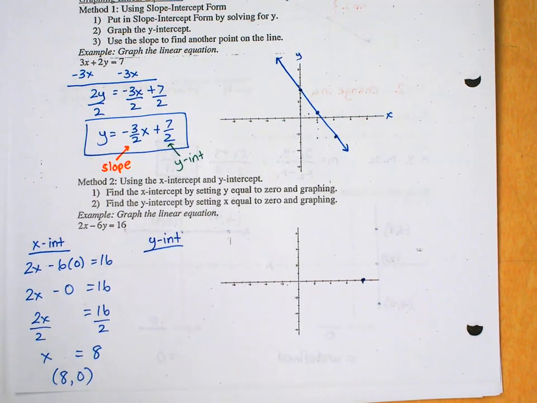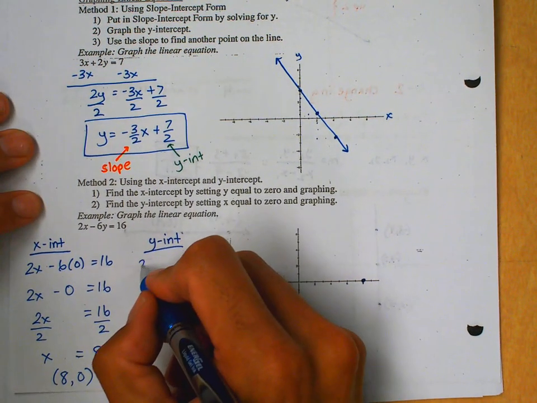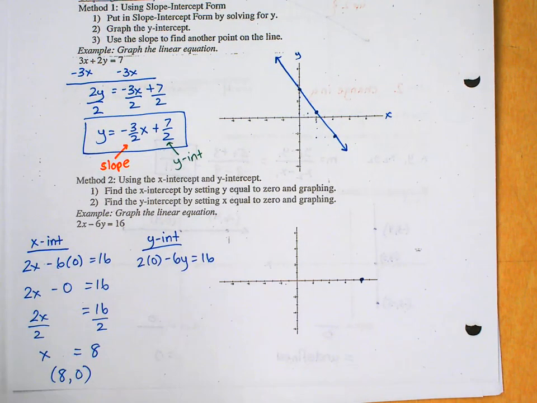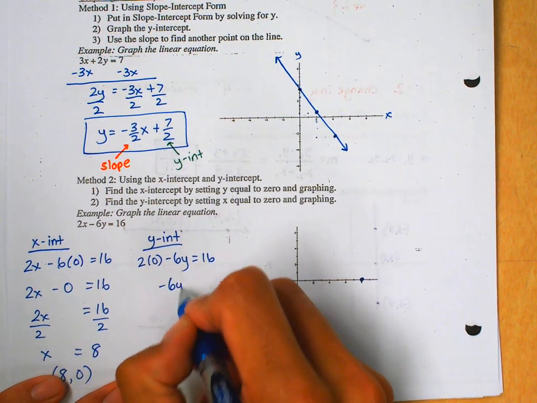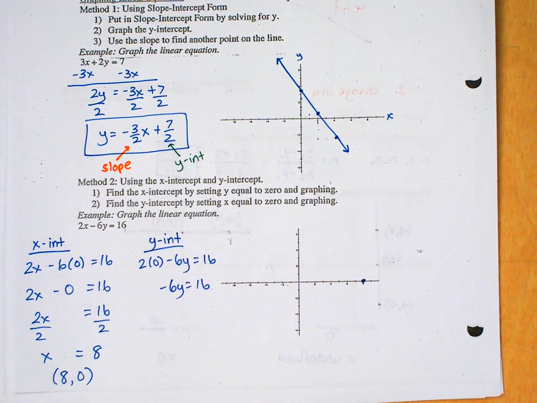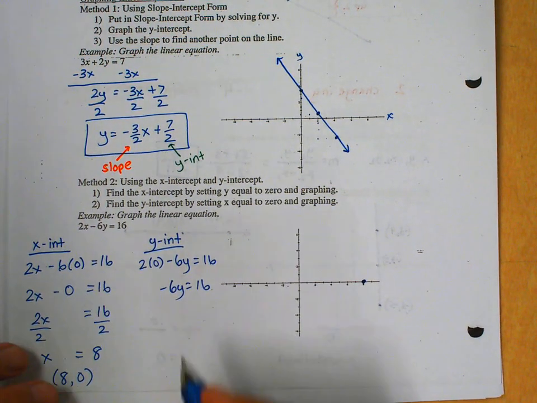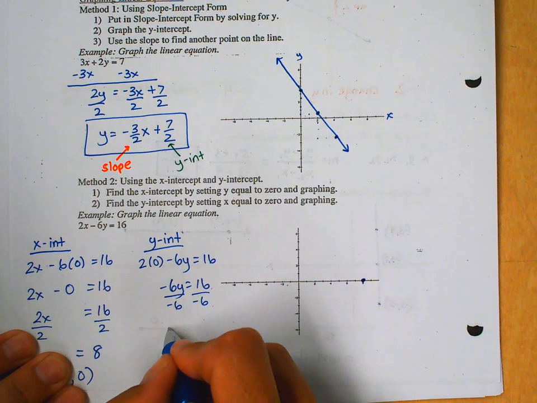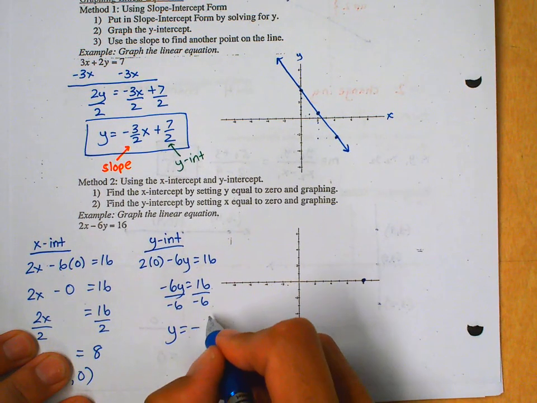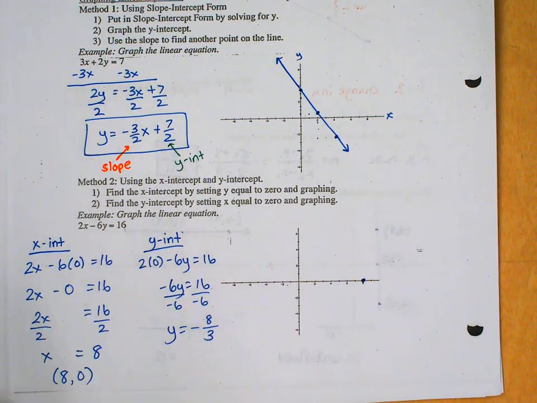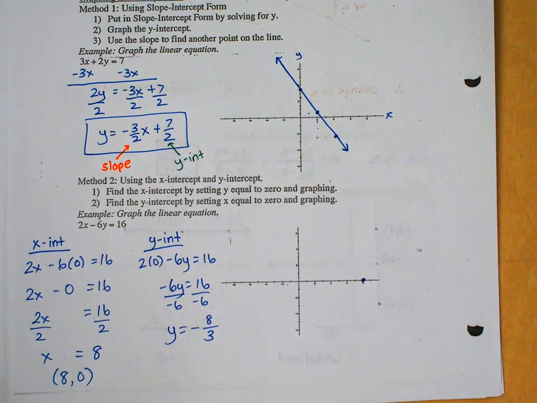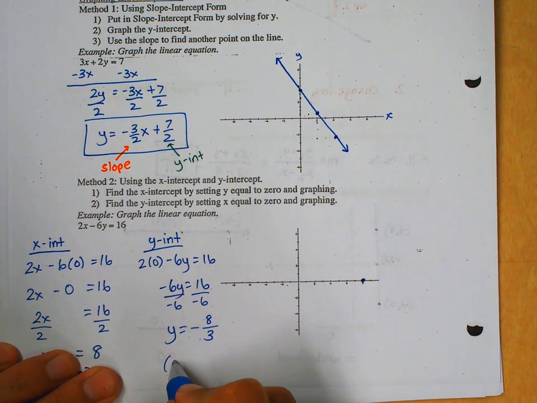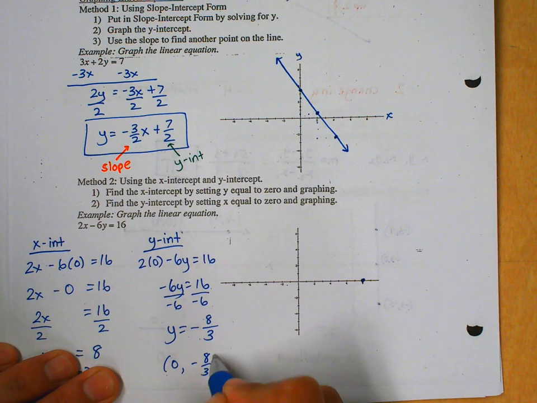Now, for the y-intercept, we just set x equals 0. So that's going to be 2 times 0 minus 6y equals 16. And so we end up with negative 6y equals 16. And we divide by negative 6. And so y equals, those both reduced by 2, negative 8 over 3. And again, we plugged in x equals 0, we found y, so we have the ordered pair 0, negative 8 thirds.